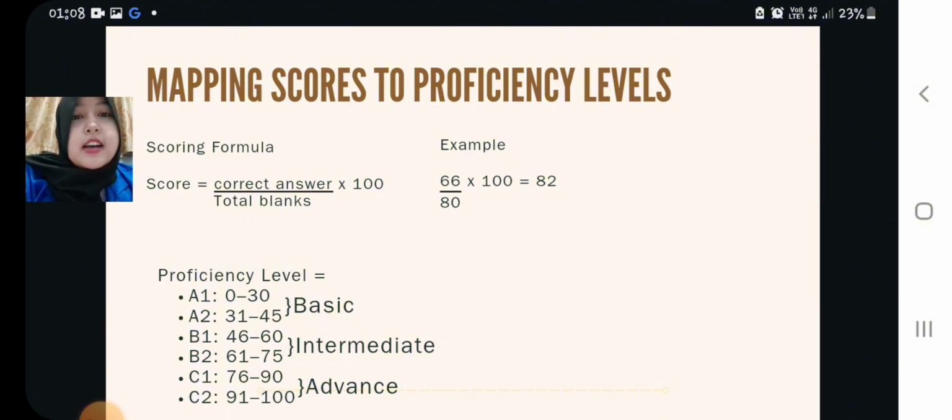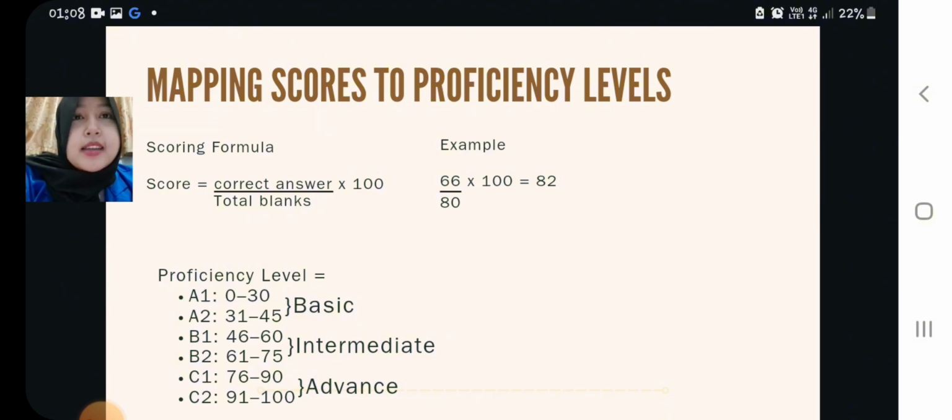So I will explain the levels. A is basic. Basic means can understand simple phrases, introduce themselves, and understand basic information. And B is intermediate.